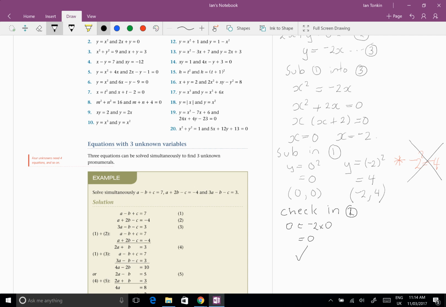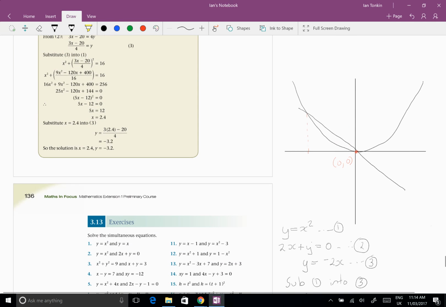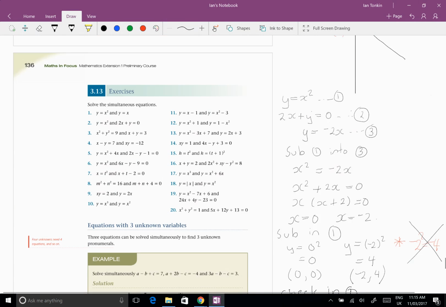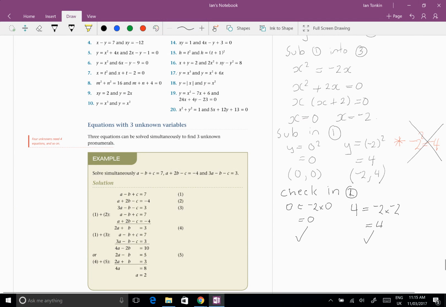Well, that works. And the other one is we get 4 equals negative 2 times negative 2, which equals 4. So that works. So we know our solutions are correct. The graph, poorly drawn, also agrees. So we feel pretty happy, and we can check with Bob.